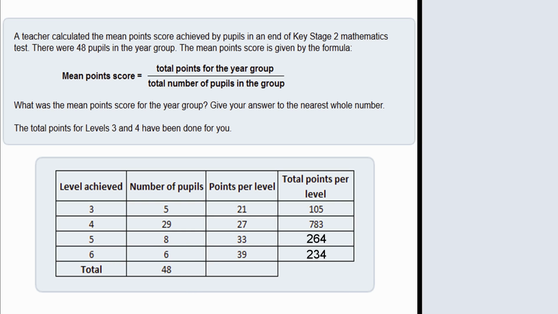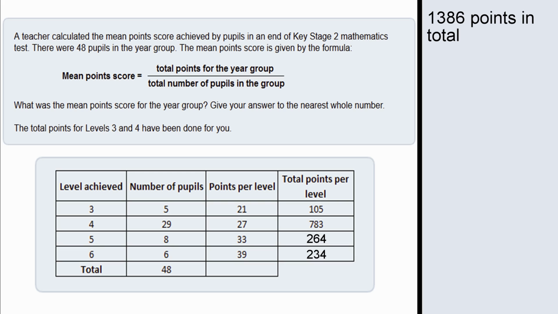234. And now what we need to do is add up all of these values in the total points per level column. So we need to do 105 plus 783 plus 264 plus 234, and if we do that we get 1386.